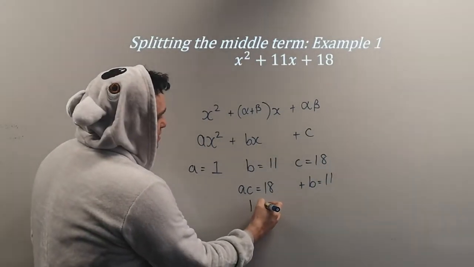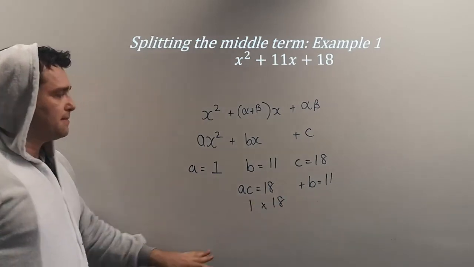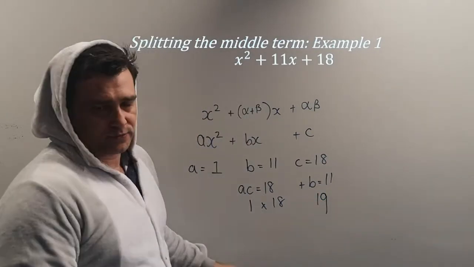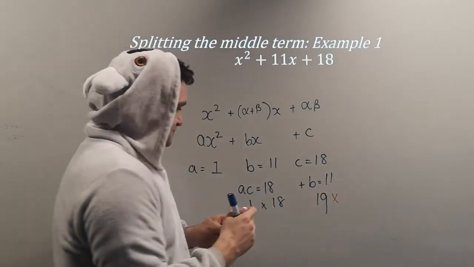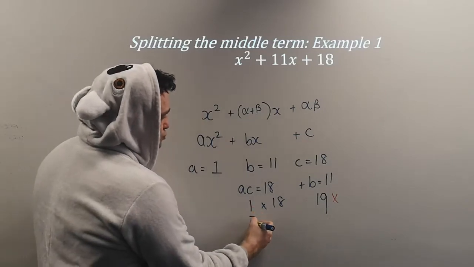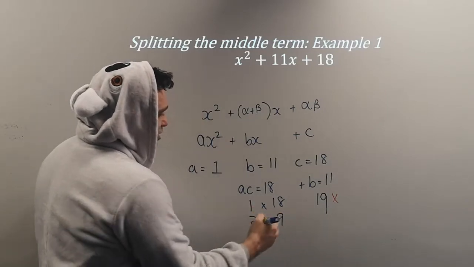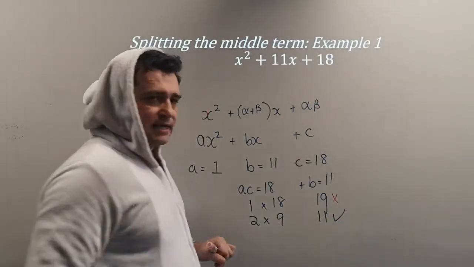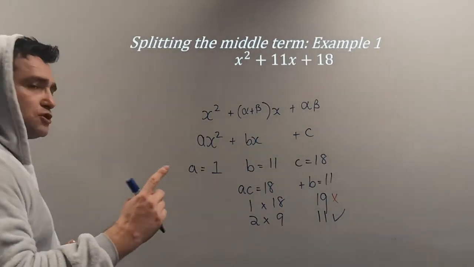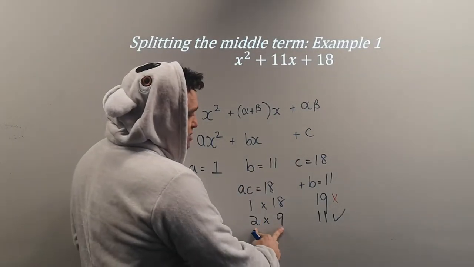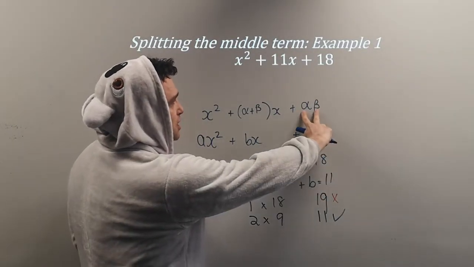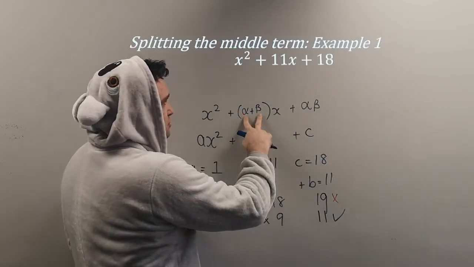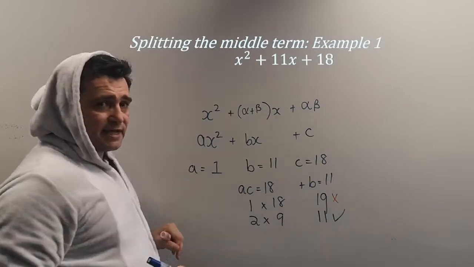We have 1 times 18, but if I add them together, I get 19, which is not going to work. What if I have 2 times 9? If I add them together, I get 11. Awesome. So I know that 2 and 9 will multiply to 18 and they'll add to 11.